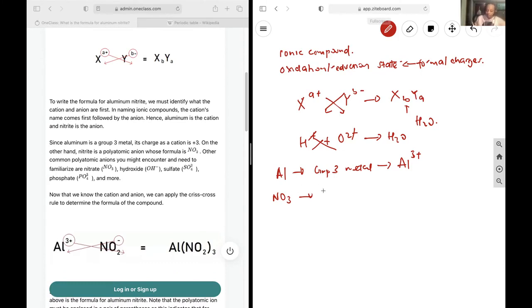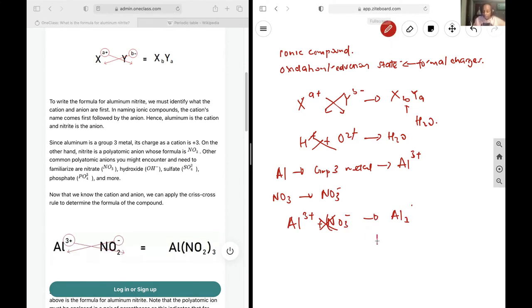So for NO3, it's going to be NO3 minus that is its charge. So when you just combine those two, we're just going to crisscross it like that. So Al will have a 1 here, and the 3 is going to apply to the entire thing, not just the oxygen, so that it doesn't become NO6. It's going to apply to the entire thing.